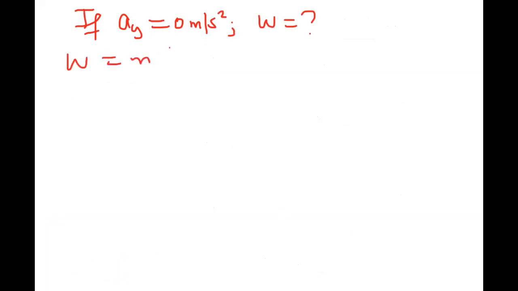So if acceleration in the y direction is 0 meters per second squared, what is the weight? Now remember our equation, we said weight is m times g plus acceleration in the y direction. Our mass in this example was 10 kilograms, and our g is 9.8 meters per second squared.